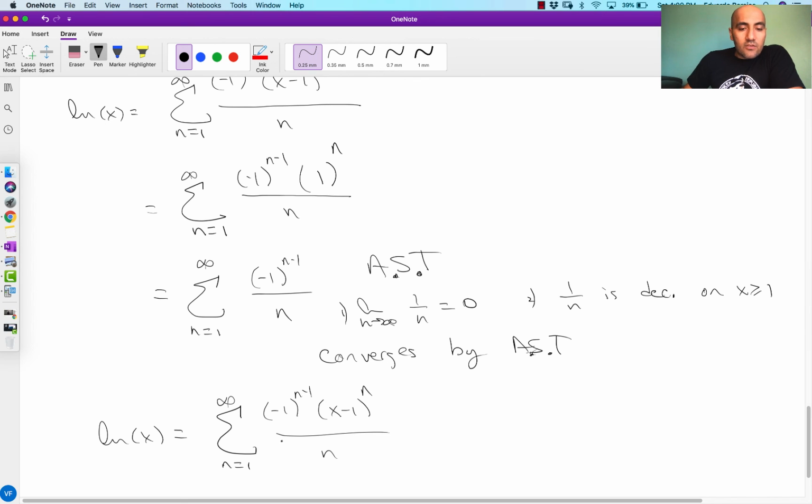And this is valid as long as x is a member of the interval 0 to 2, where we do not include the 0, but we do include the 2. For any value outside of that, we cannot say that this Taylor series will be equal to that function, right? So this Taylor series representation of that function is only valid on this domain.